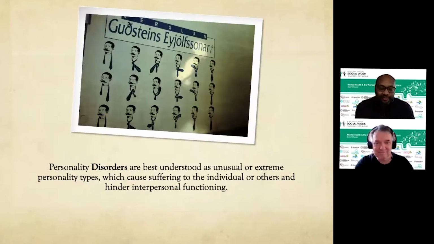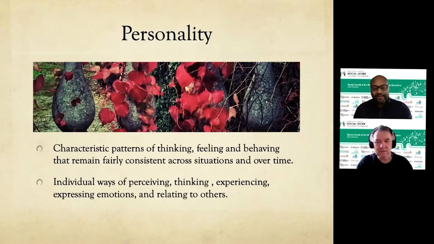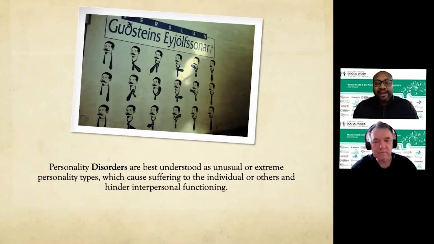So where does it become a disorder? And again, I use this in quotes. Part of the sensitivity that I refer to is recognizing that, for some, it's just words, but these words carry a lot of weight. If you look back to the previous slide, we're talking about someone's individual characteristic patterns of thinking, feeling, or behaving, their ways of expressing emotions, of who they are over time, and we add on the label disorder to that.